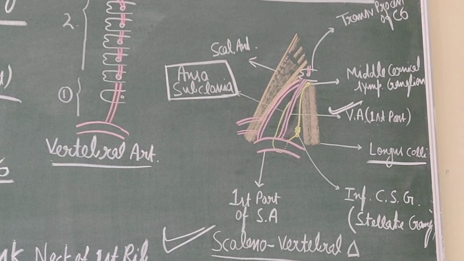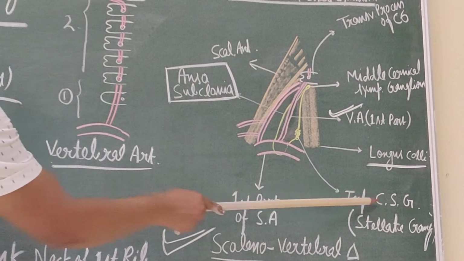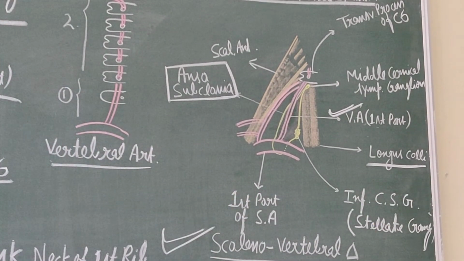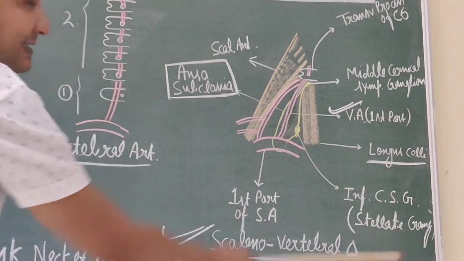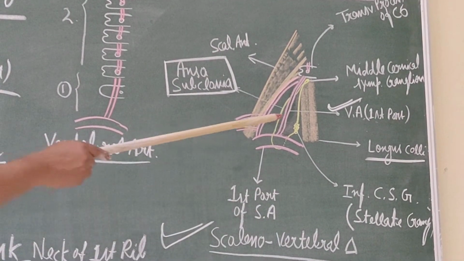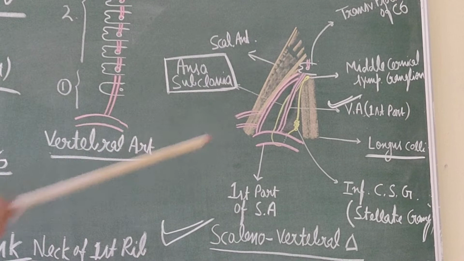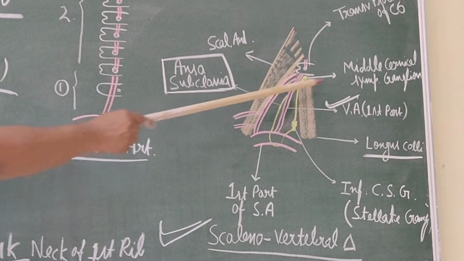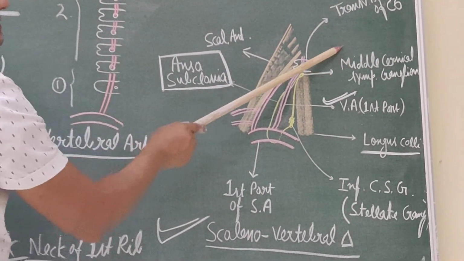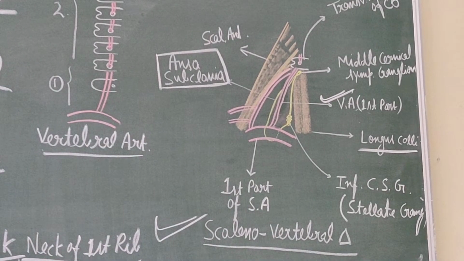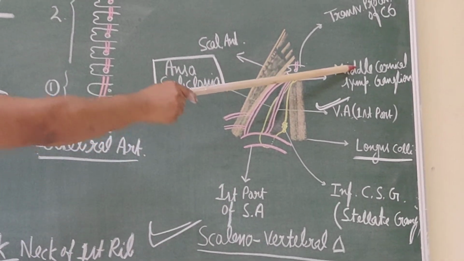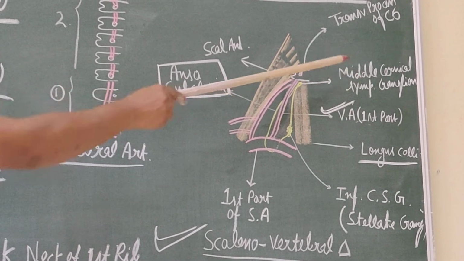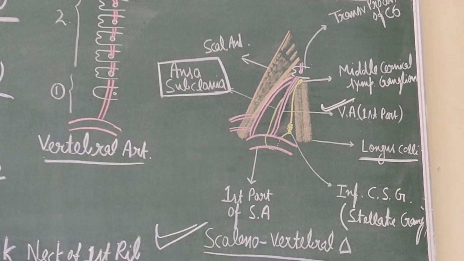Along with it, the inferior cervical sympathetic ganglion, which is occasionally also known as the stellate ganglion, is present in this triangle. At the apex of the triangle, it is the middle cervical sympathetic ganglion, and there is a nerve loop that connects the middle cervical sympathetic ganglion with the stellate ganglion.